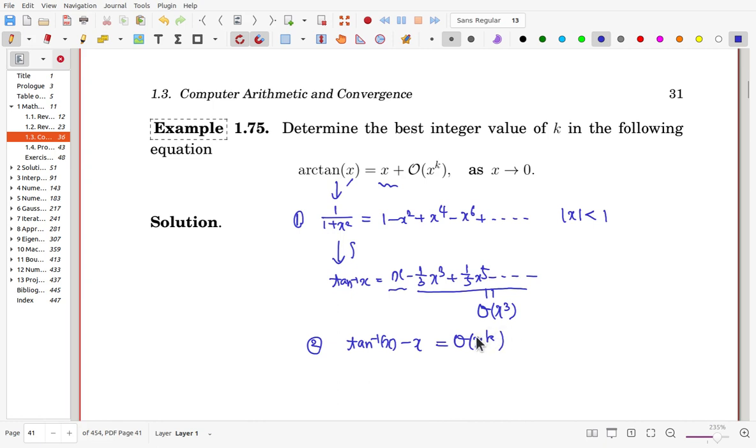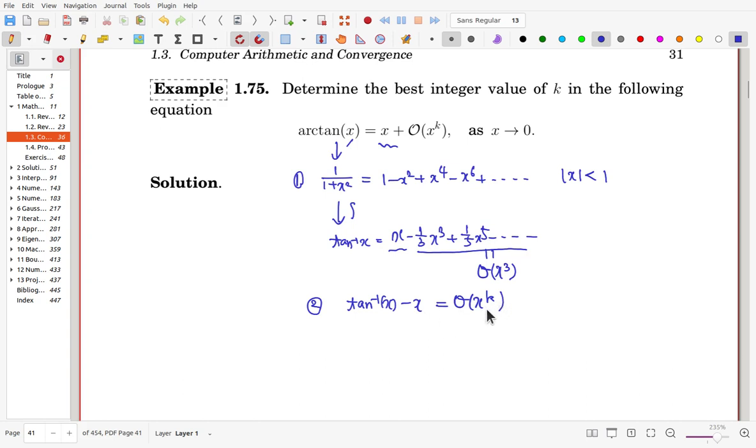So by using the technique, the definition we considered, here we try to find the k such that the quotient (arctangent of x minus x) over x to the k, as x approaches 0, is bounded by some number.